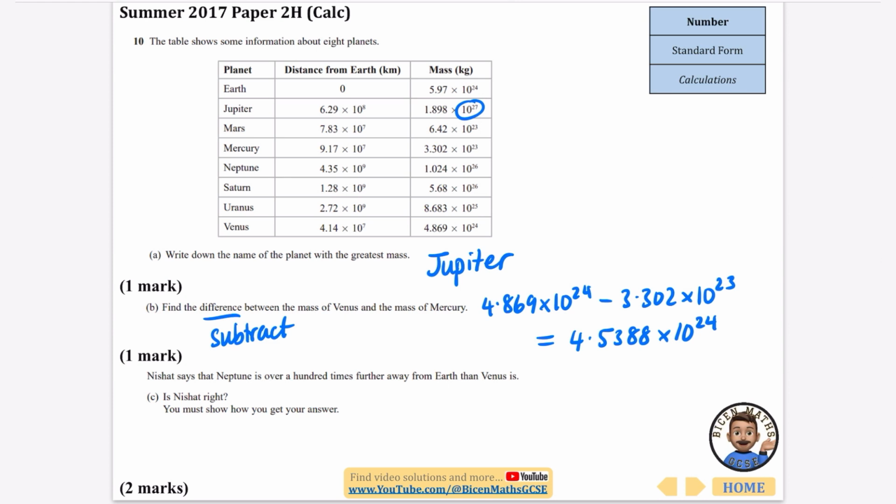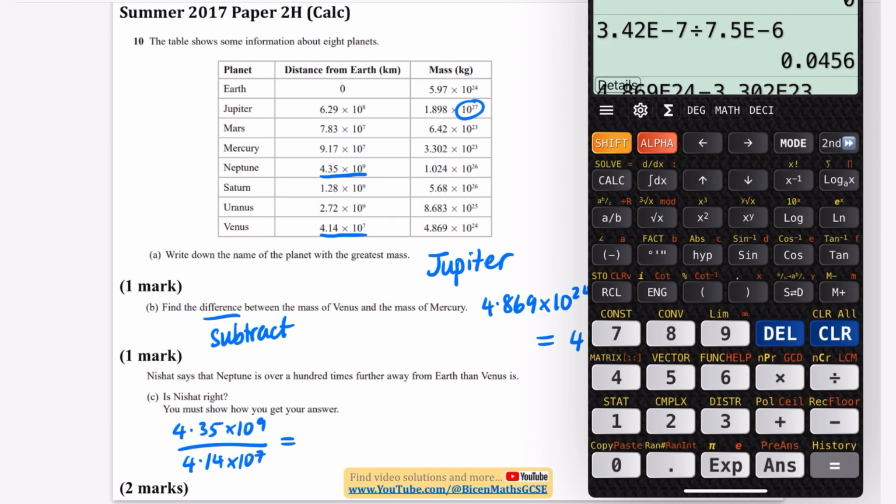Nishat says that Neptune is over 100 times further away from Earth than Venus is. So we're going to look at the distance from Earth, we're going to look at Neptune, and we're going to look at Venus. Now this time it's not going to be subtract, it's saying how many times further away it is, so it's going to be a division. So I'm going to do 4.35 times 10 to the 9, that's for Neptune, and we're going to divide that by Venus, which is 4.14 times 10 to the 7, and we'll just see what that comes up with when we calculate this.